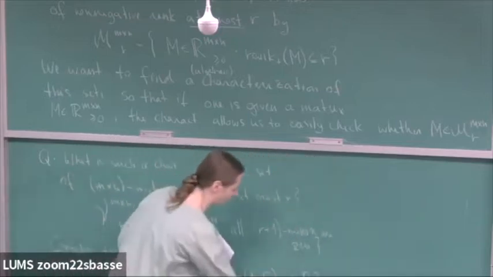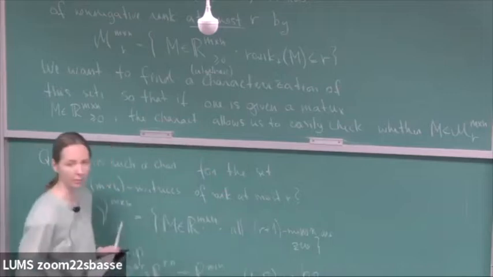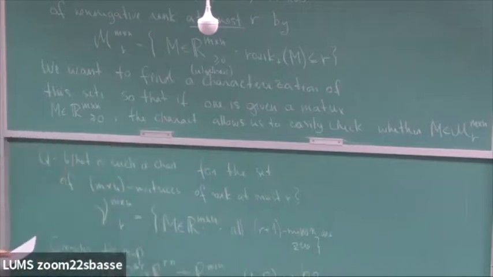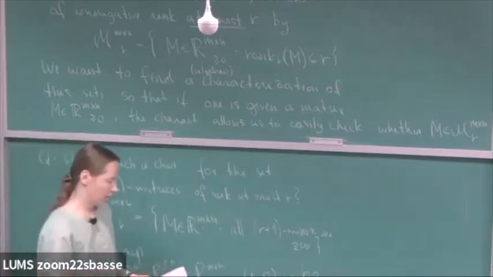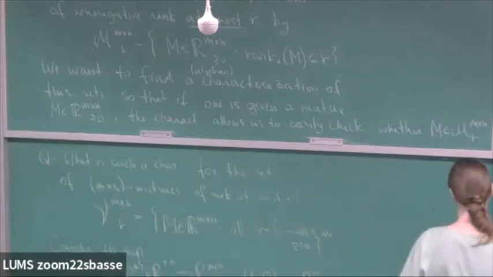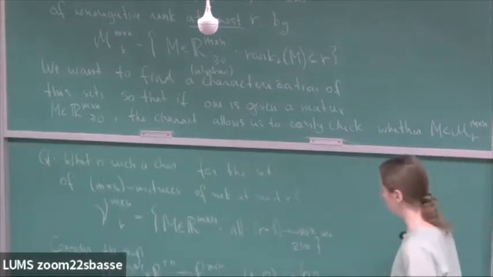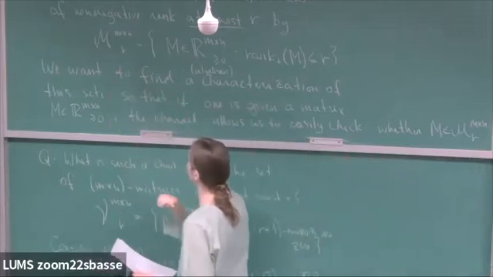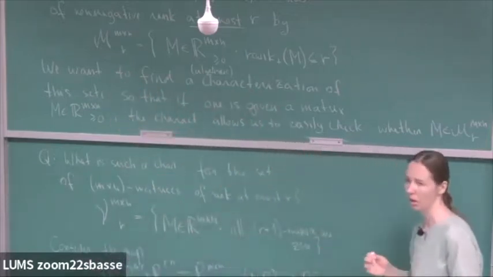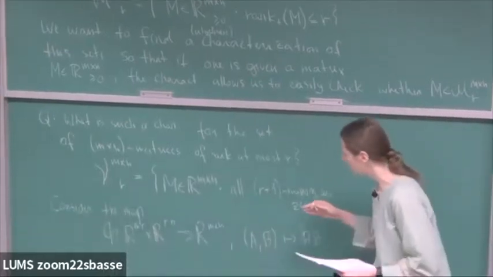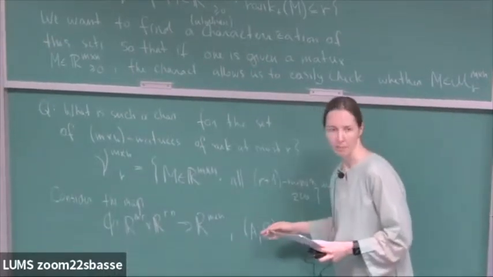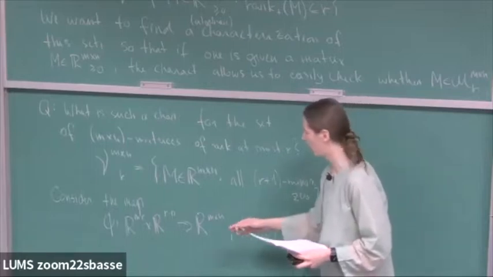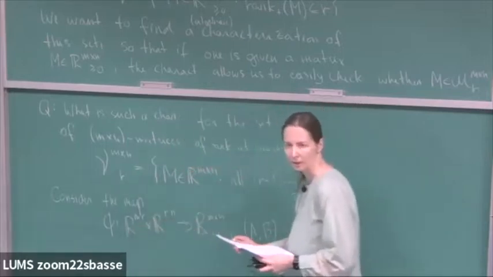This is a map where each coordinate is given by a polynomial. And then if you consider the set of matrices of non-negative rank at most r, it is the image under this map of the non-negative ordinates in these sets.